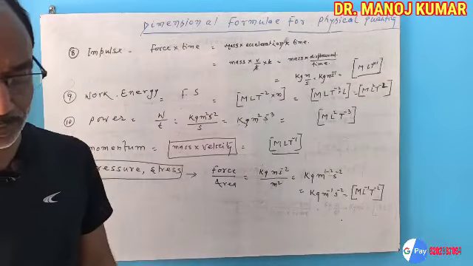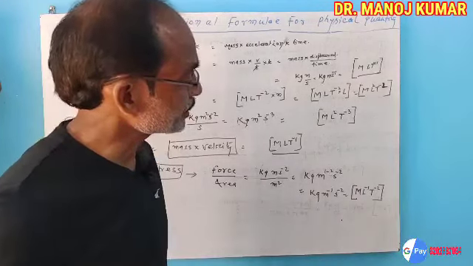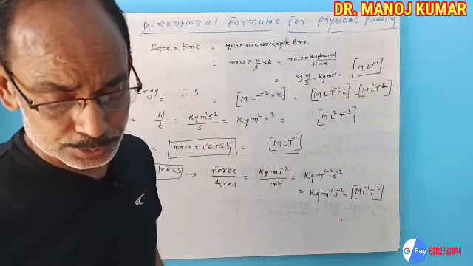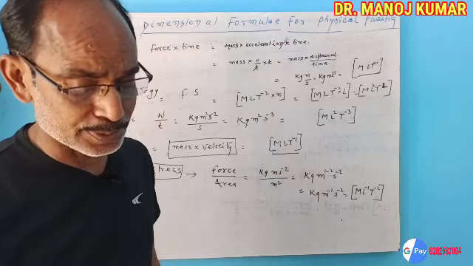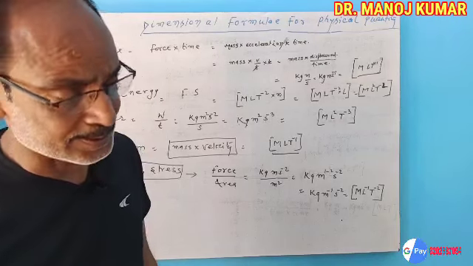M L minus 1 T minus 2 is the dimension of pressure and stress.